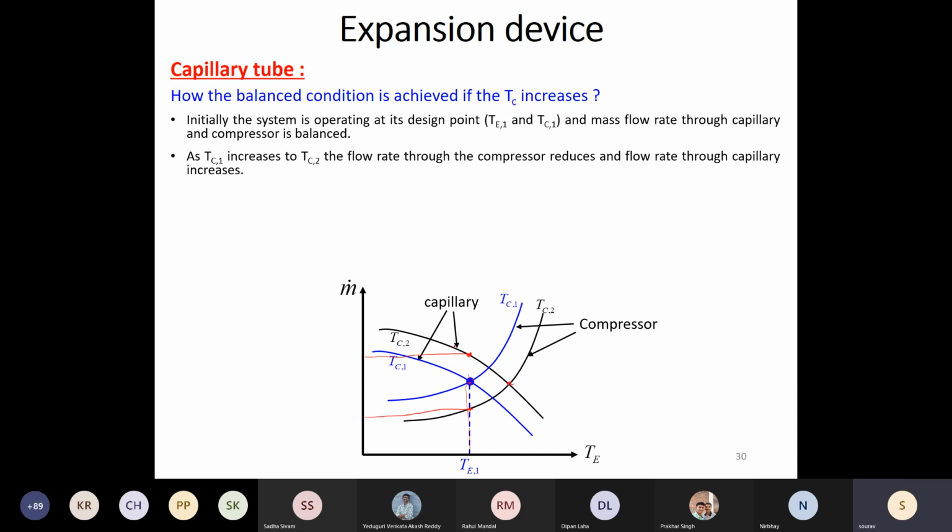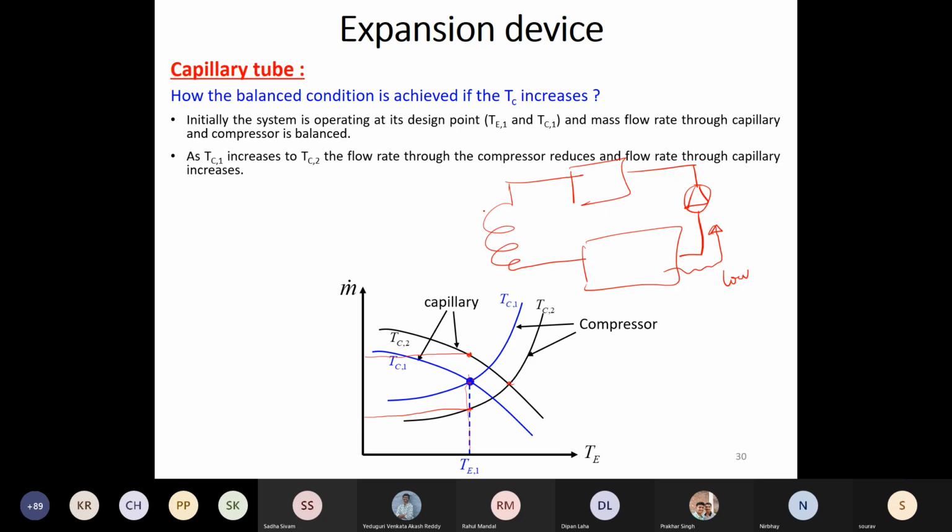So let me draw the circuit again. The amount of refrigerant being sucked by the compressor is low, whereas the amount of refrigerant provided by the capillary tube is high. Why?